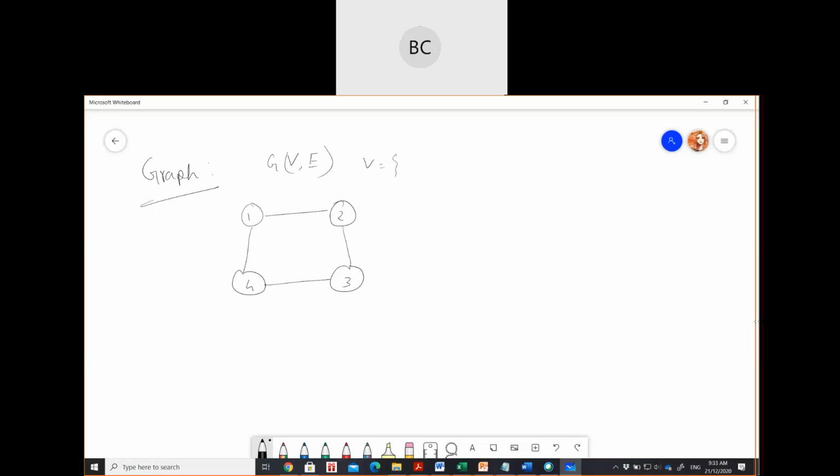So what are the vertices here? 1, 2, 3, 4. Correct? And what are the edges here? Edges you can consider as every edge between two nodes. So edges will be one edge from 1 to 2. Okay, one edge from 2 to 3, one edge from 3 to 4, and one edge from 4 to 1.